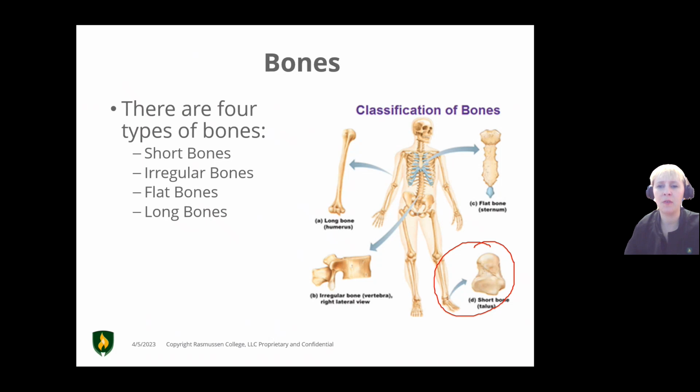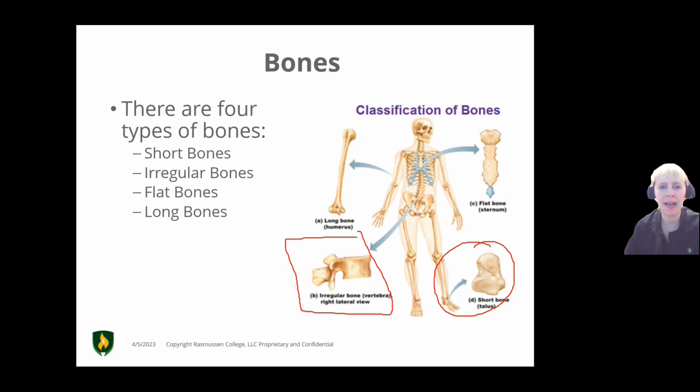For example, you'll find these bones in your wrists, ankles, and toes. Next, we have irregular bones. Irregular bones are ones that cannot be classified as short or long because of their complex shapes. So we see these typically in the bones of our vertebrae or spine, as well as those in our middle ear.